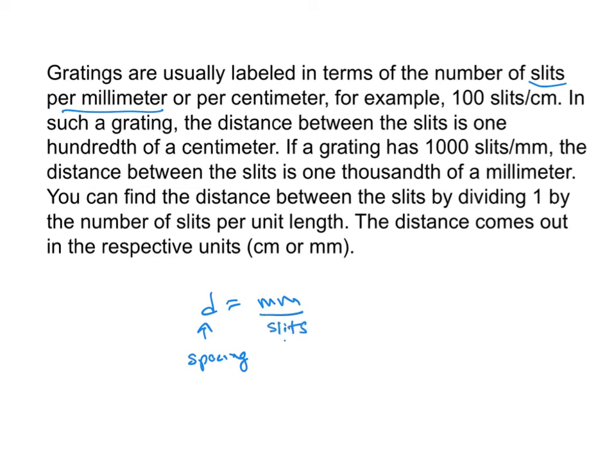So 1 over D would be slits per millimeter. When you order a grating, they come in the number of slits per millimeter. So if a grating has 1,000 slits per millimeter, you can figure out what the spacing is by taking the inverse of that. We'll talk about that in the next example.